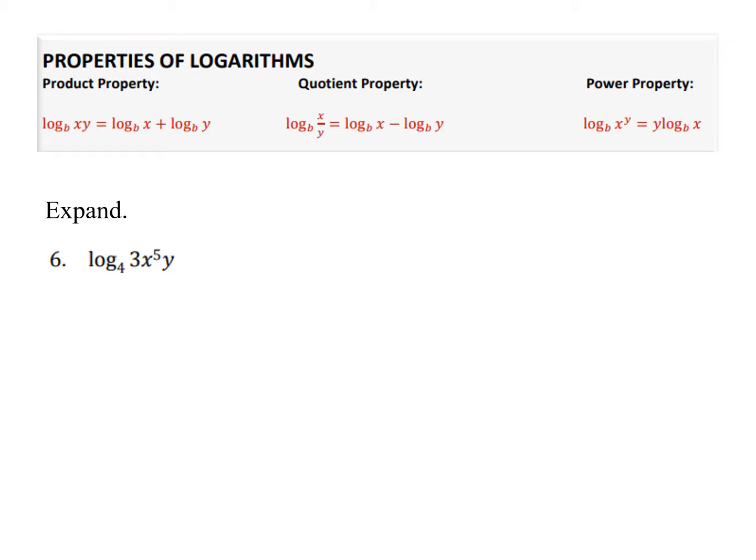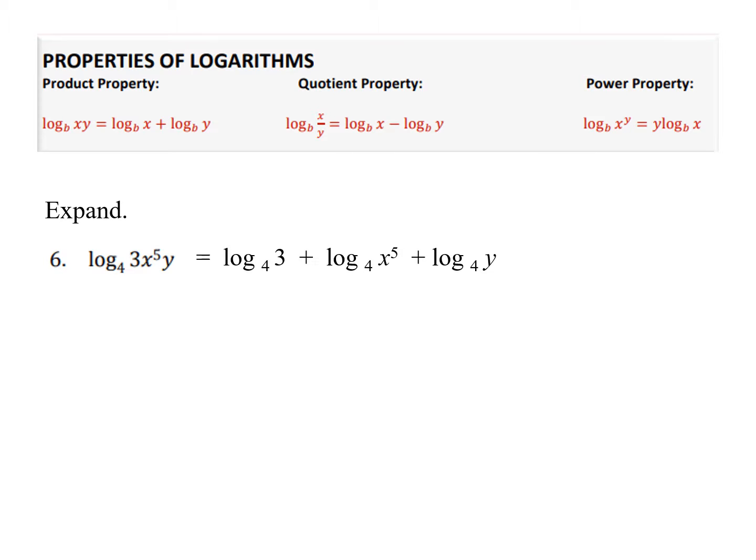So let's use these properties to, first of all, expand this. So notice this is a product, right? So I'm going to use the product property, the log of a product. This log to the base 4 just carries along. It doesn't play a role in what we're going to do. So for the log of a product, we're going to take the log of each individual one and add them up.